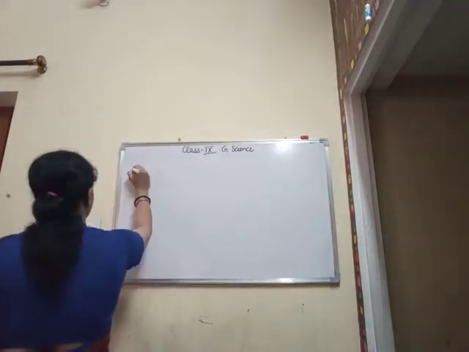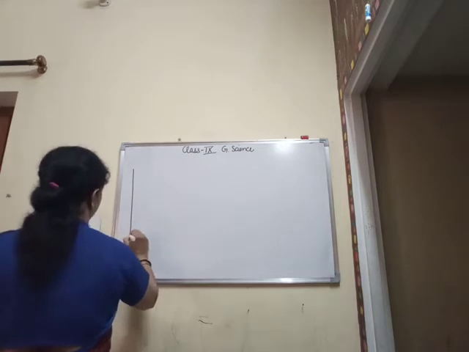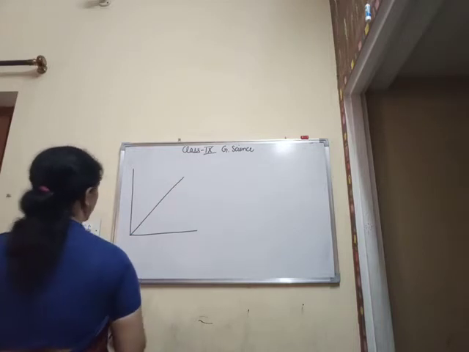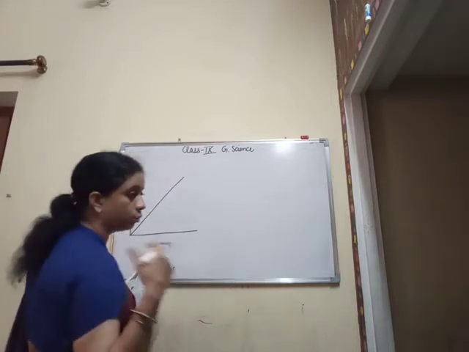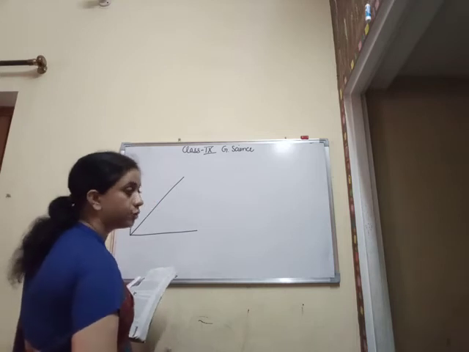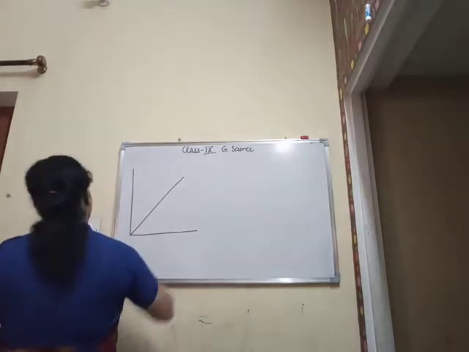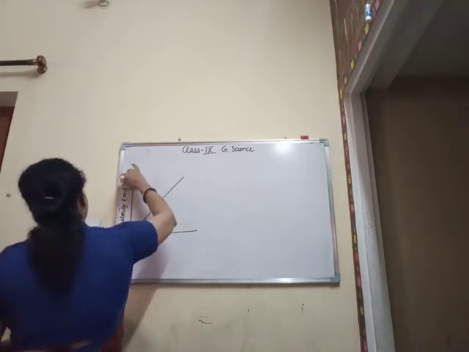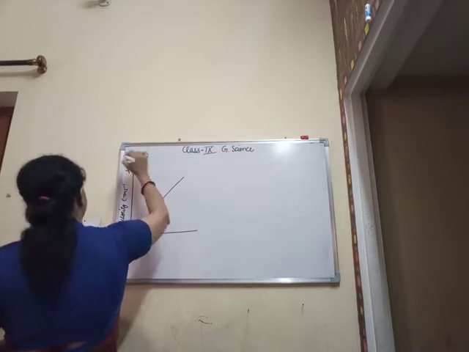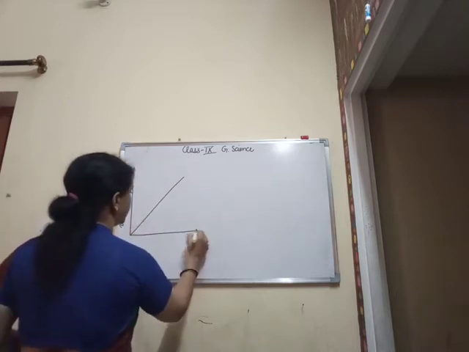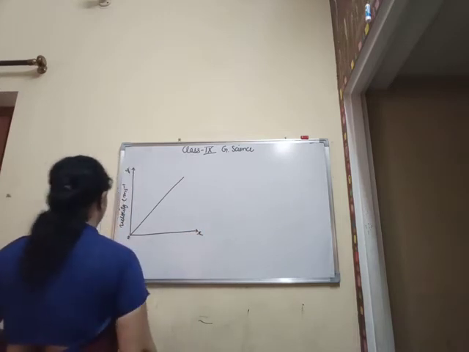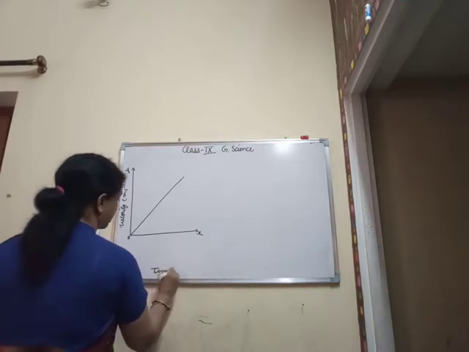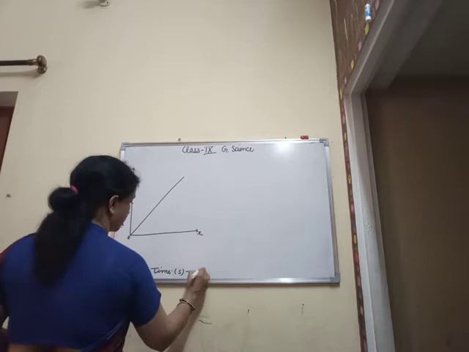Again we have to take, suppose, as we have already said, that the object is moving with a uniform velocity. Okay, so here in the graph the y-axis is representing velocity in meters per second. This is y-axis. Okay, this is x-axis. This is origin point O. This x-axis represents time in seconds.